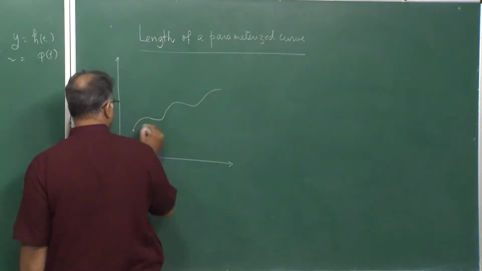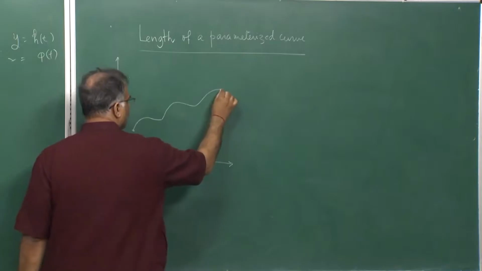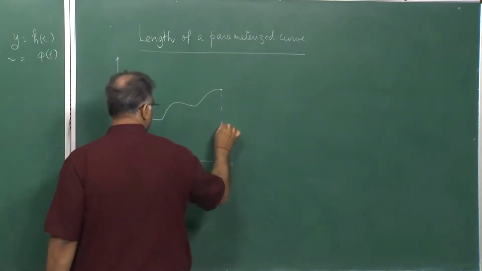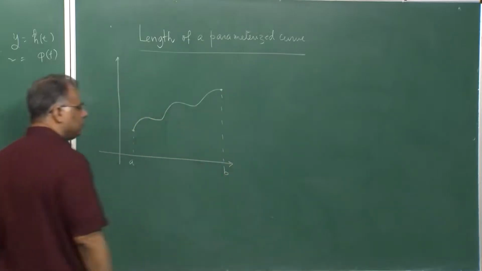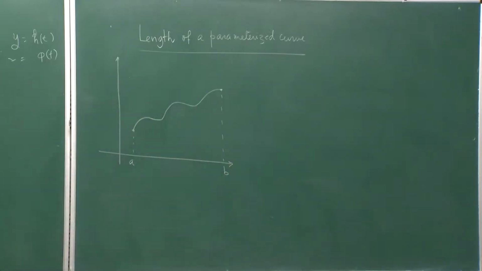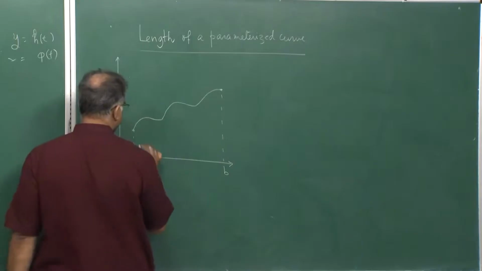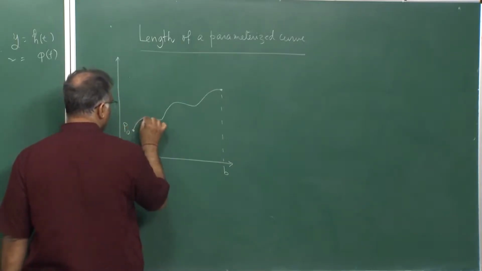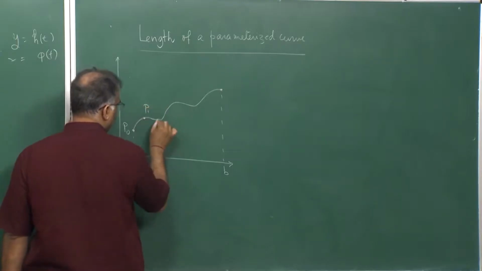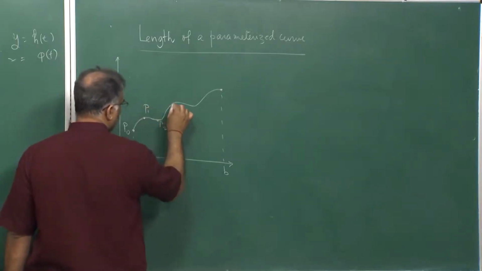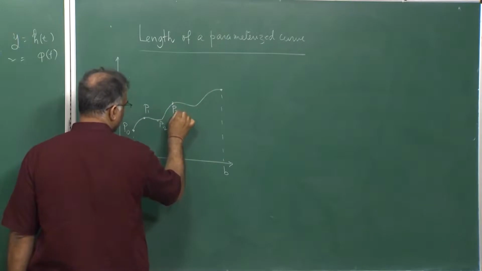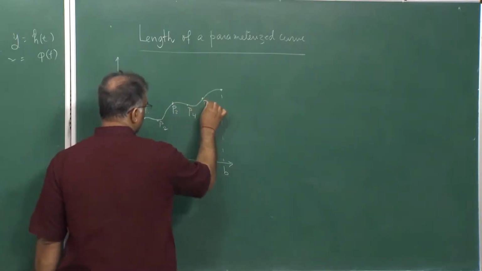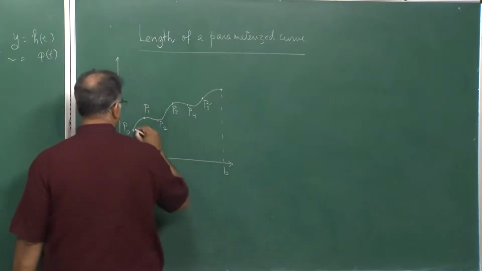So, what I do, I make a partition of this, say from A to B. Basically, I make several partitions. This point I call P0, I will put another point say P1, another point P2, P3, P4, P5 and so on.